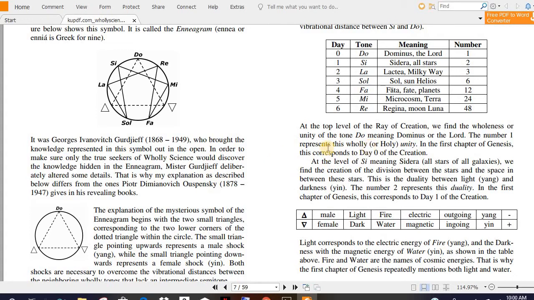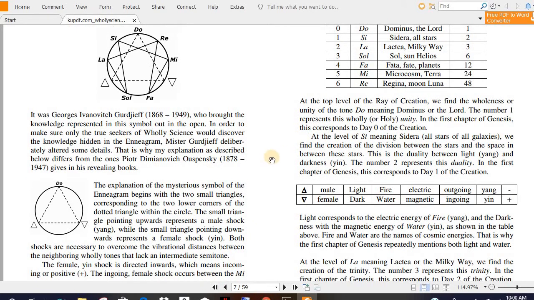Do, re, the light, mi, microcosm, fa, the fate, sol, the sun, la, the Milky Way, si, all the stars, do. That's pretty damn awesome, I must say.